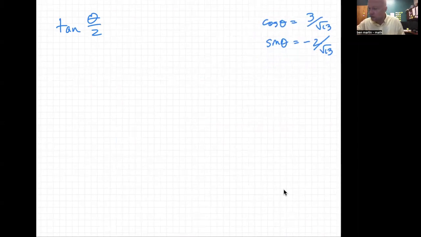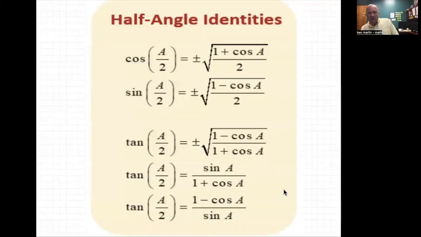So I'm going to jump back to the previous page. And I can see that I have a plus or minus square root thing that I can work with. But if I use either one of those, I don't have to worry about the plus or minus part. So I think that's the easiest thing to work with. I'm going to do the first one. It has sine over 1 plus cosine.